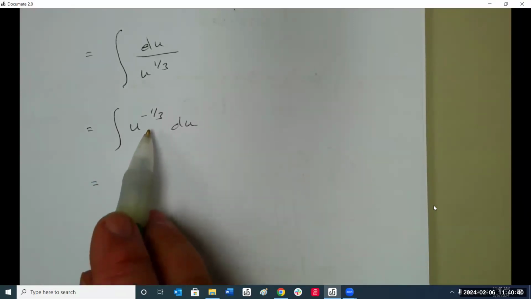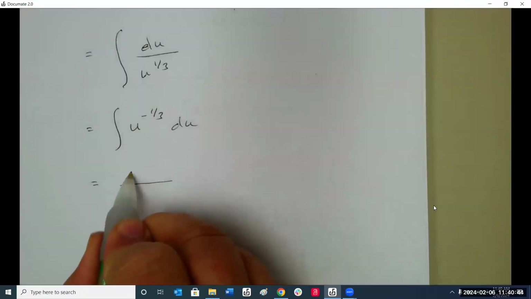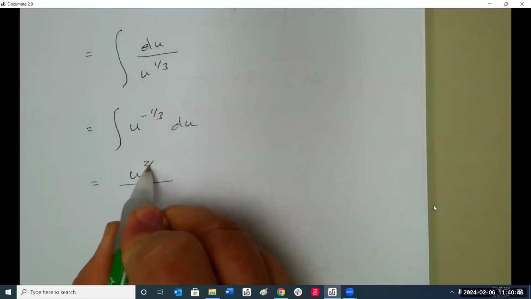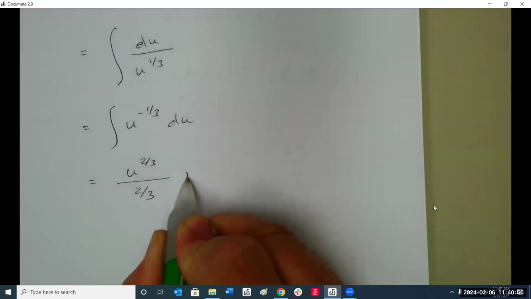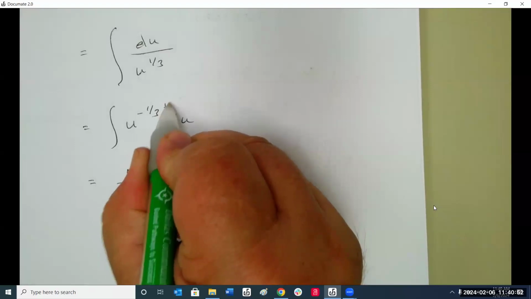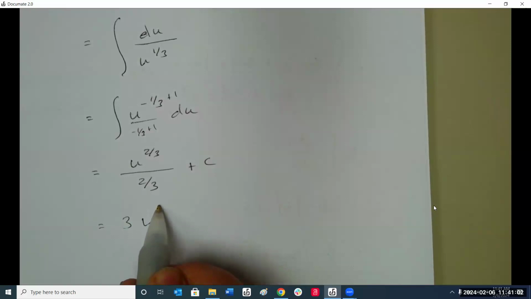And if we integrate it, we add 1 to the exponent, so it makes it 2/3, and 2/3 on the bottom, plus c. Which makes it 3 u to the 2/3 over 2 plus c.